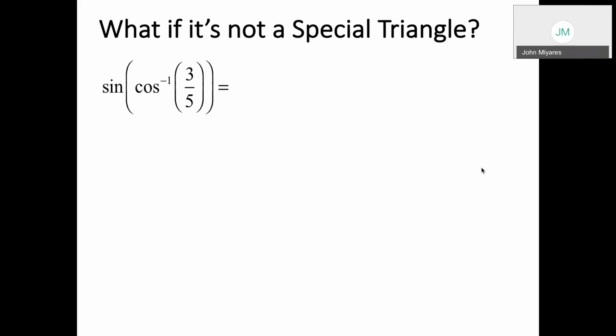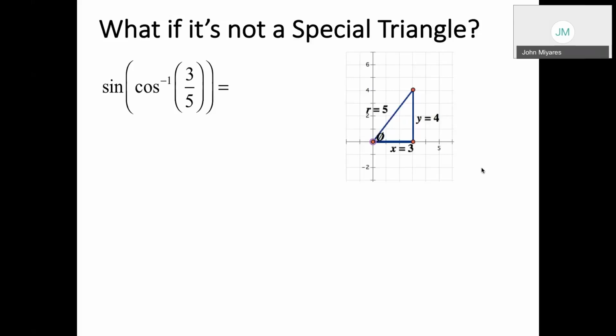Here's the trick. We're going to draw a reference triangle that satisfies these conditions. By asking what is the inverse cosine of 3/5, we want to know what angle has a cosine value of 3/5. In order to figure it out, let's try drawing a picture of it.